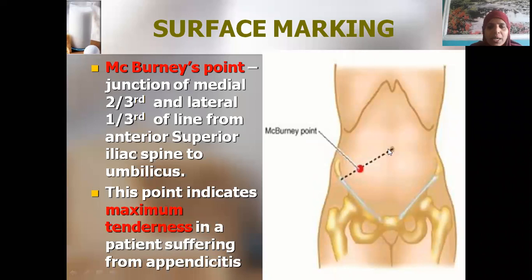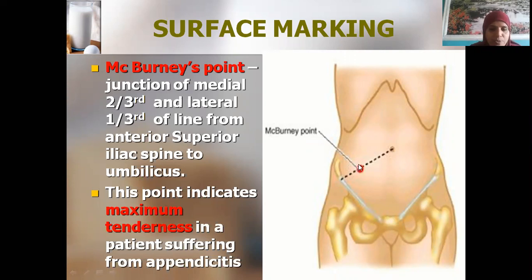And if you take the junction of medial 2/3 and lateral 1/3, this is medial 2/3 and this is lateral 1/3. At this junction, you will find maximum tenderness if the person is suffering with inflammation of the appendix. That condition is called appendicitis.